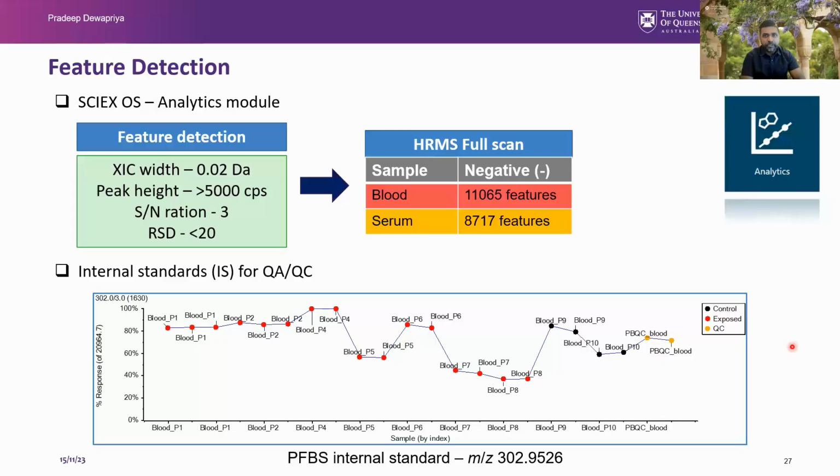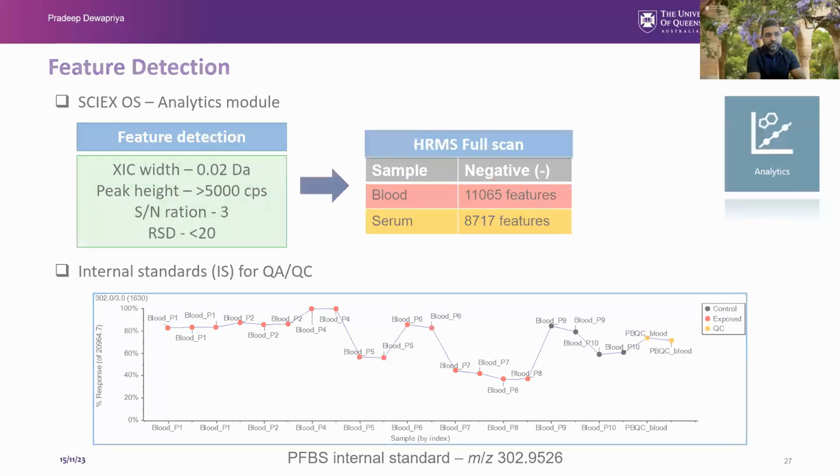We make sure that our extraction and our feature finding are good enough. We use spiked internal and recovery standards to confirm the quality of our extraction method and feature detection. All the samples gave us acceptable recoveries for standards. We were happy with the extraction method and feature detection.